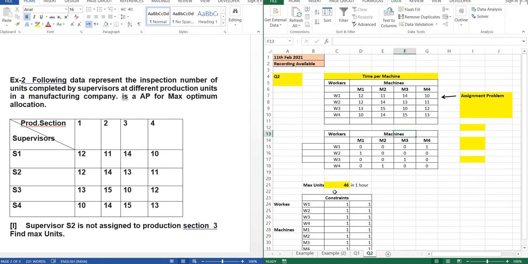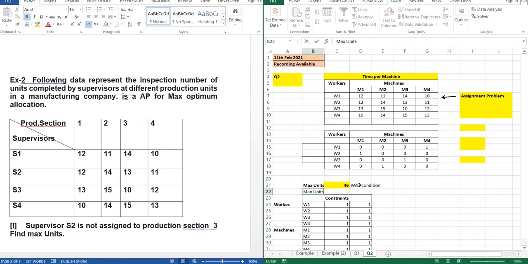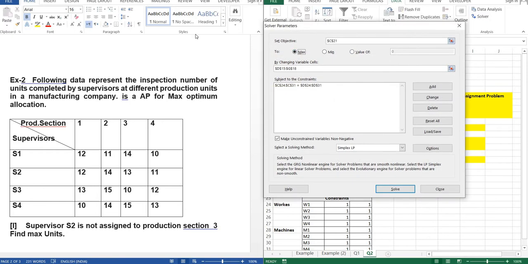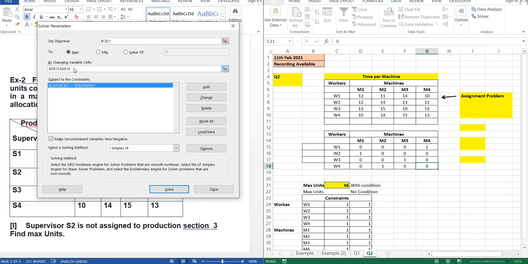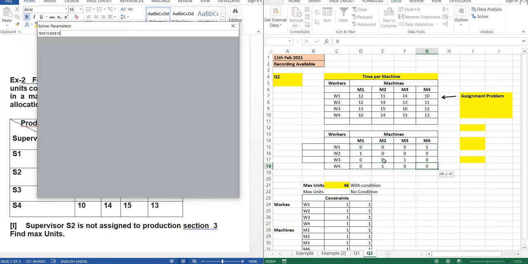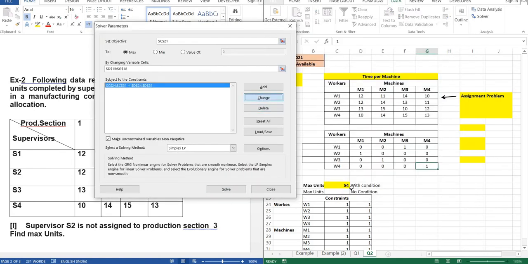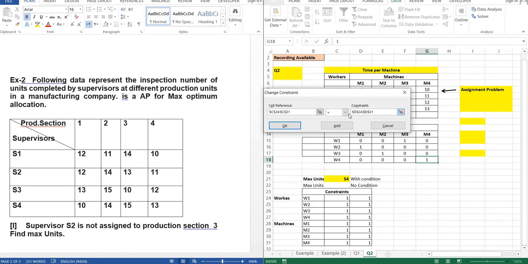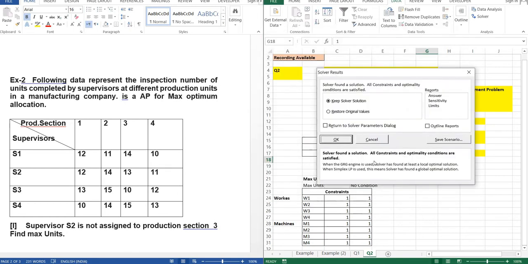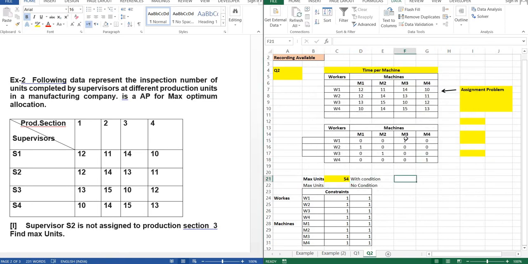Okay, sir. Second question, first everybody should do for minimum and then go for the maximum question.